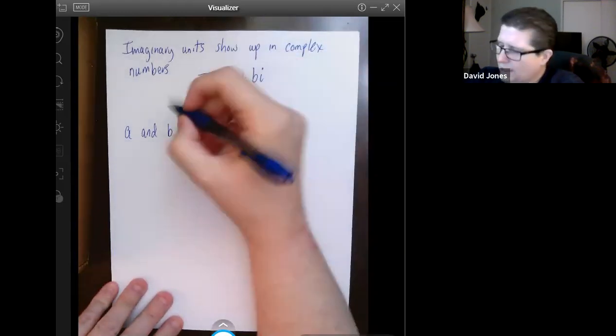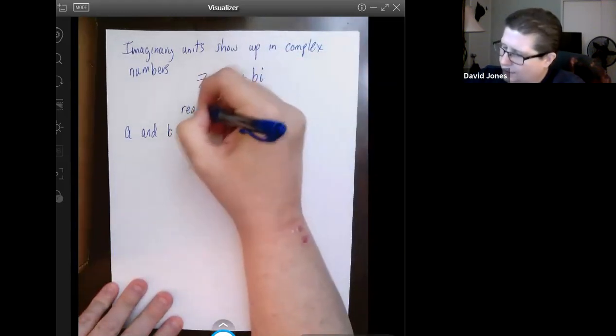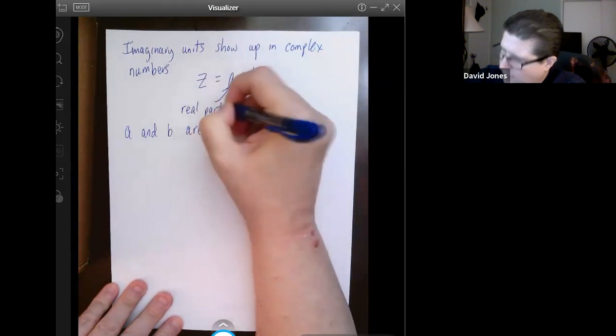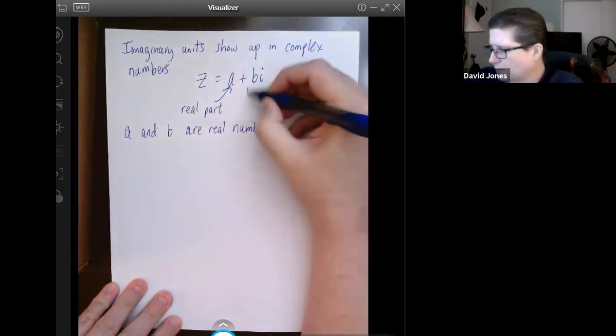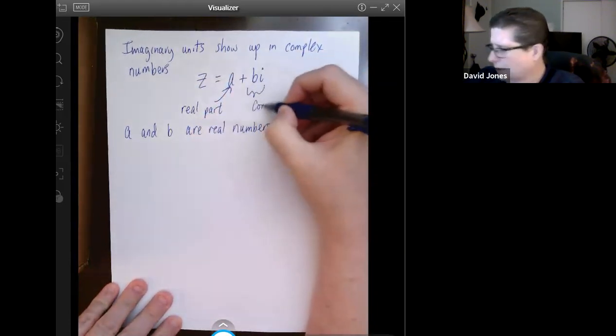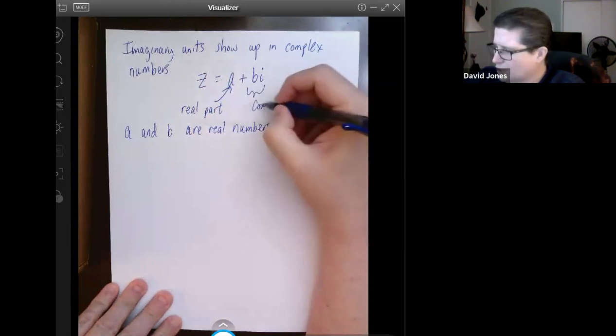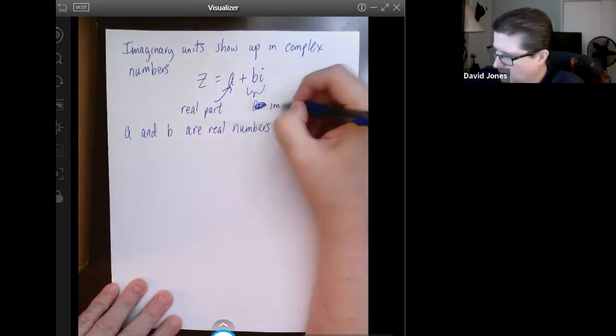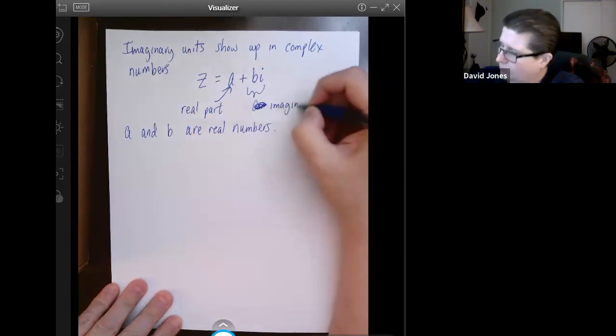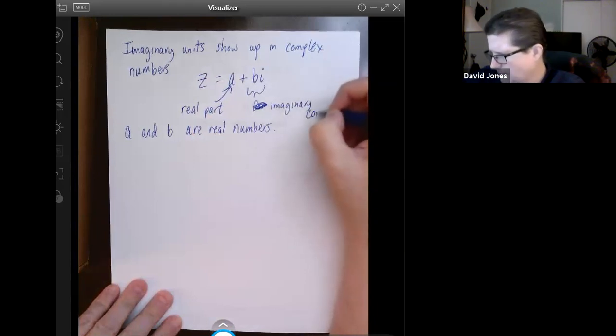This is the real part of a complex number, and this part right here is the complex part, or imaginary component.